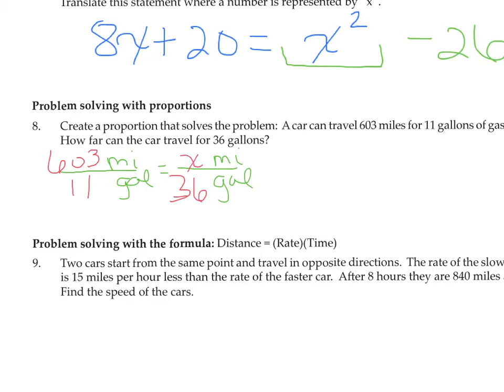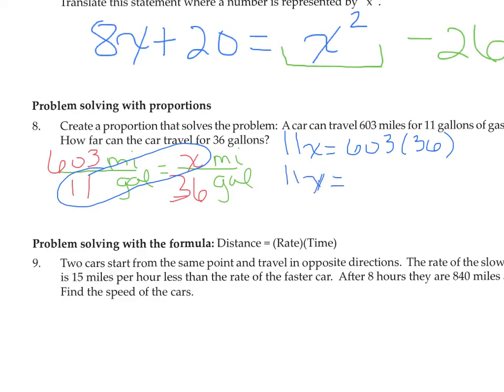And if you remember the lecture about proportions, we can use the cross products to create an equation. So 11 times x will equal 603 times 36. So 11x equals, when you multiply 603 times 36, you get 21,708.